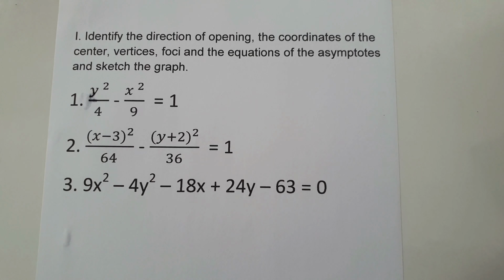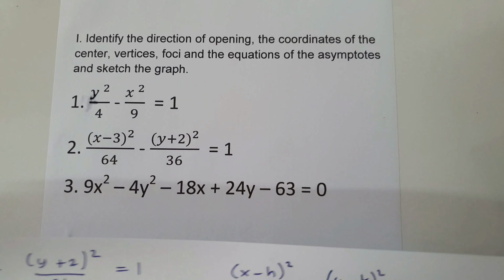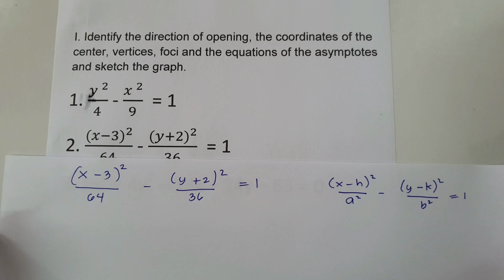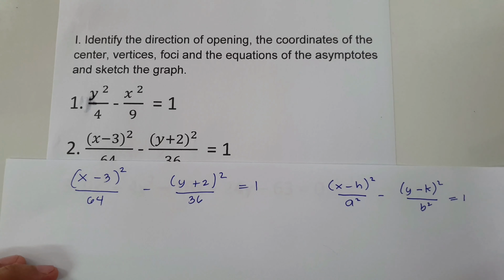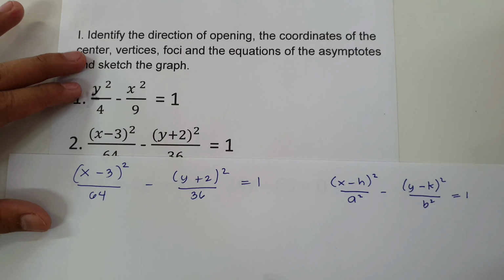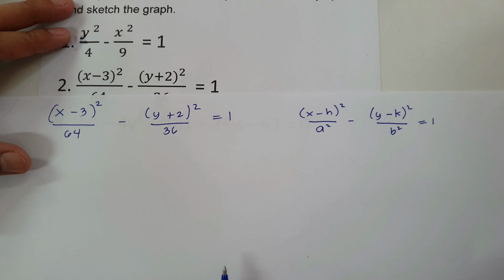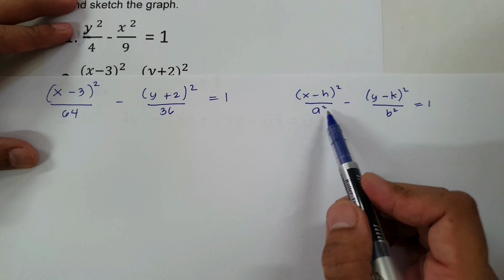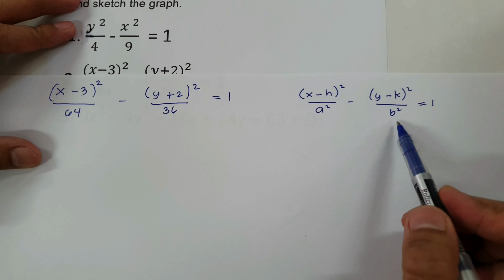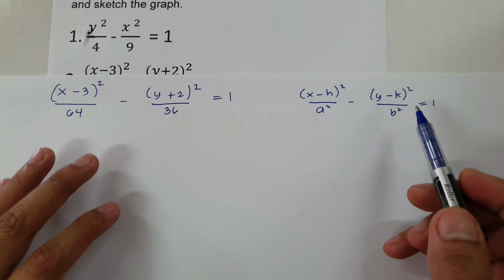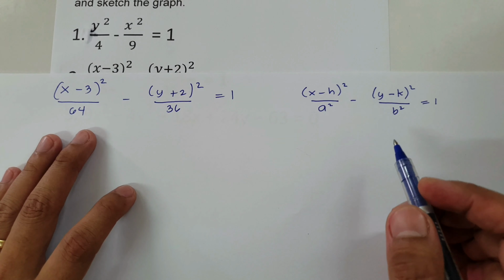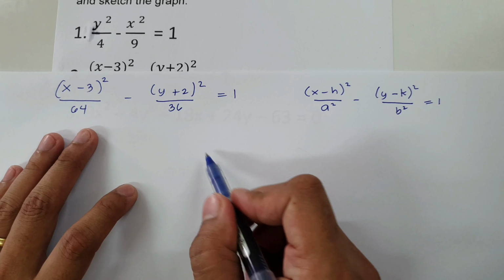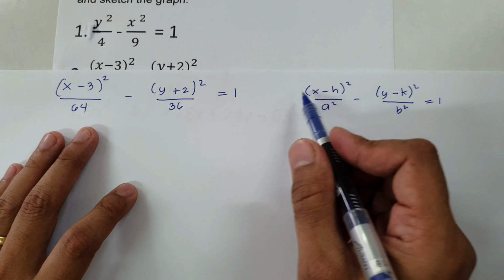On equation number 2, we have the quantity x minus 3 squared over 64 minus the quantity y plus 2 squared over 36 equals 1. Again, the equation is already written in standard form, which is x minus h squared all over a squared minus y minus k squared all over b squared equals 1. This time, the hyperbola opens right and left because the x term is positive.